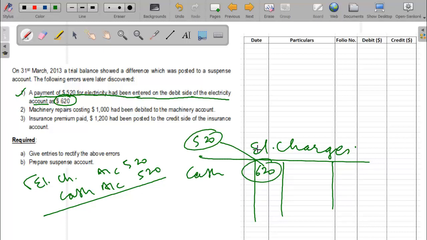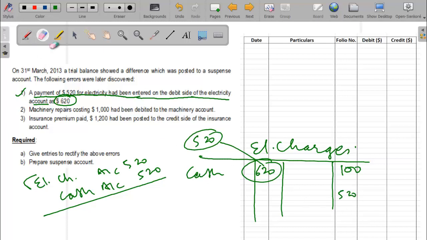So to rectify this account, what will we do? We will credit this account. How much extra is on the debit side? 100. So that 100 I will write here on the opposite side. Now see, the balance is coming 520. The correct balance is coming.